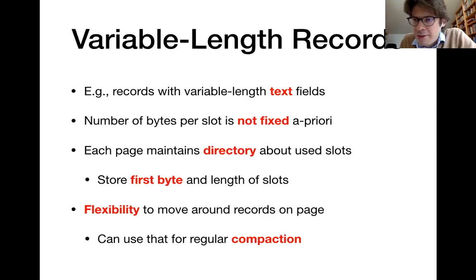In order to do this, I need a way of keeping track where on my page specific records start and end. So typically you would store the starting position together with the length of the corresponding record. And we store the information again in a directory. But here we are talking about the directory that is stored on each page and keeps track of where specific records on that page are located.